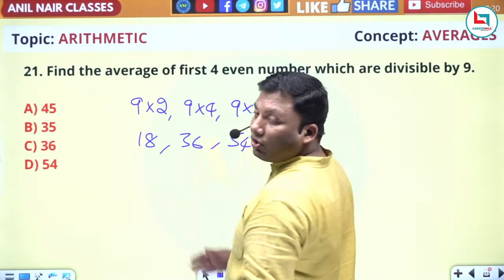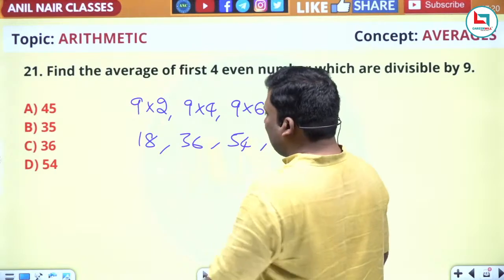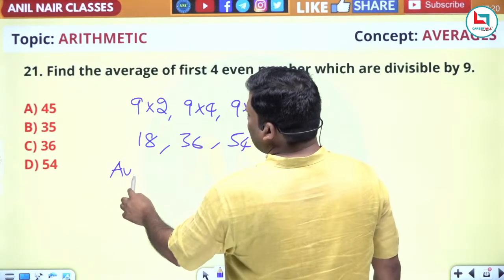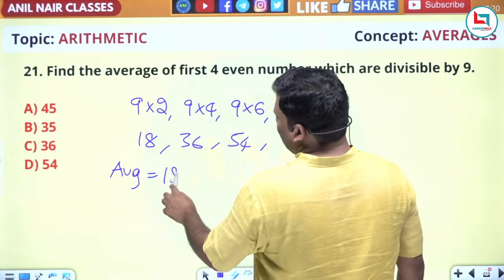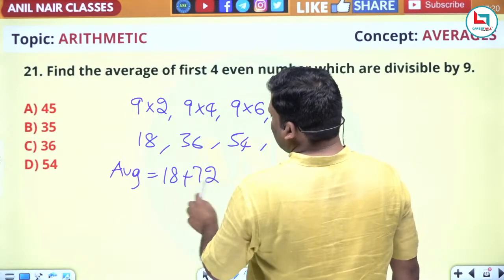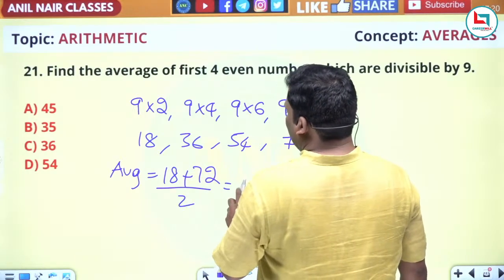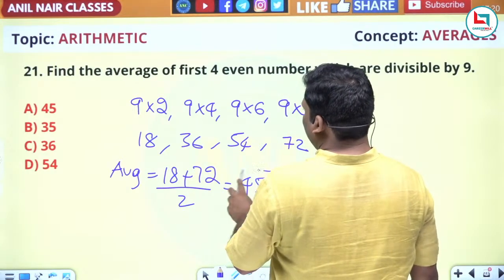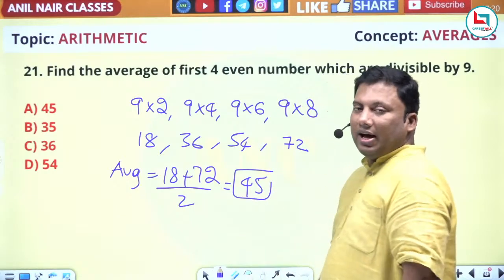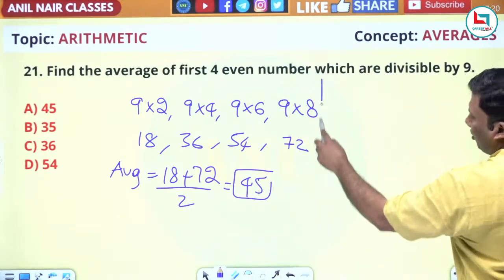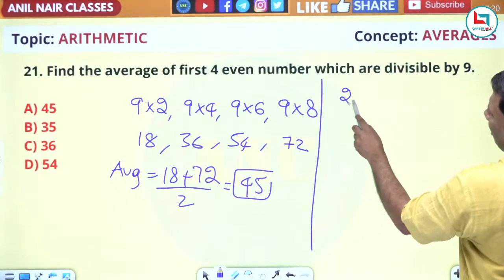I hope you understood why I took 2, 4, 6 and 8. Again the series is in AP. Average is first term plus last term by 2: 90 by 2. Answer is 45.